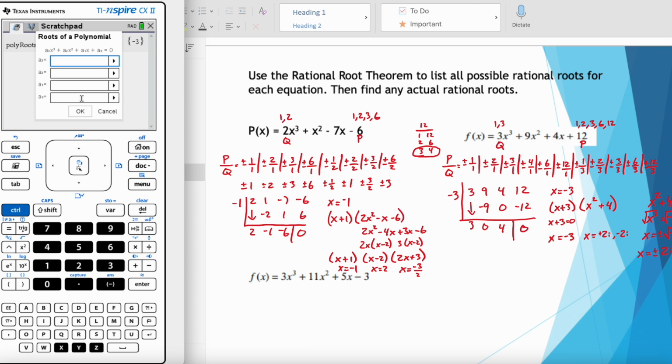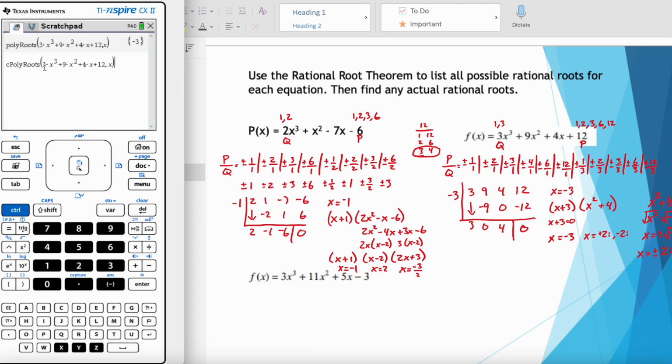We would hit 3, 9, 4, and 12. We select OK, and in this case, we are looking at, once again, the same equation, and we hit enter.